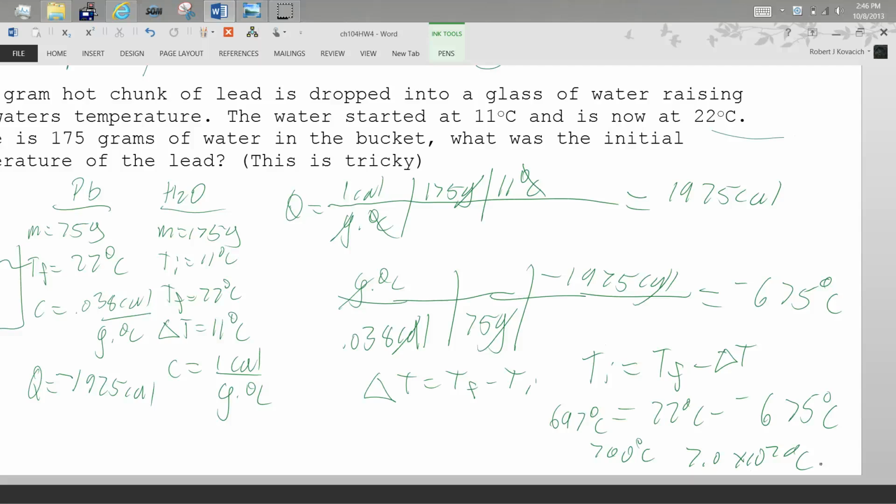Water's specific heat is hundreds of times higher than that of the lead. It's 1 versus 0.038. So water is hard to heat and lead is not hard to heat.